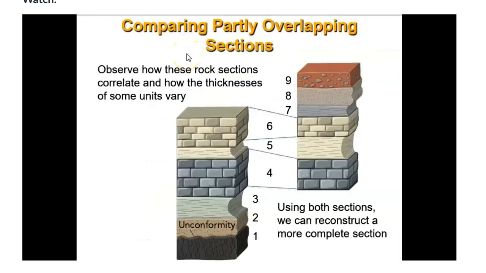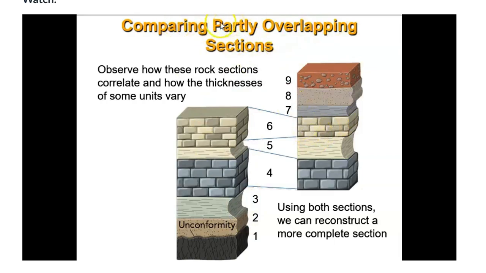Not only can correlation provide an understanding of the geology over a very, very broad region geographically, but it can also help provide a longer history or a more complete history by comparing partly overlapping sections.